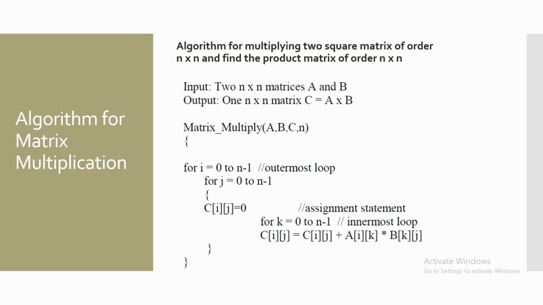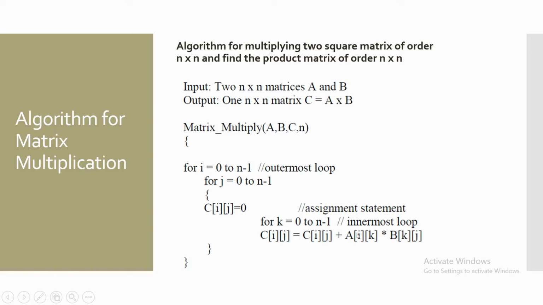For example, if i is equal to 1, for 1 j will run n times. Again for i equal to 2, it will run n times. So how many times does my loop run? n into n, because the outside i loop is n times and the inside loop is n times. But suppose j has one more loop that is again running n times, then n into n into n will be our complexity, right?